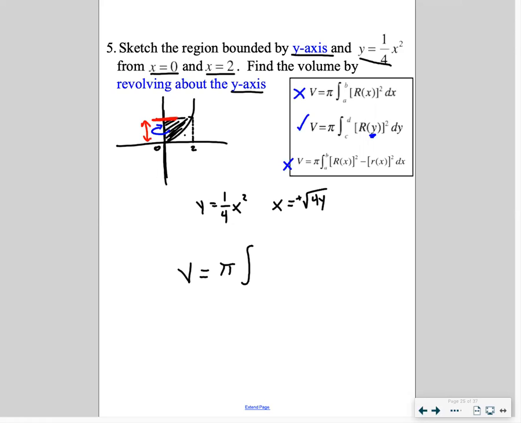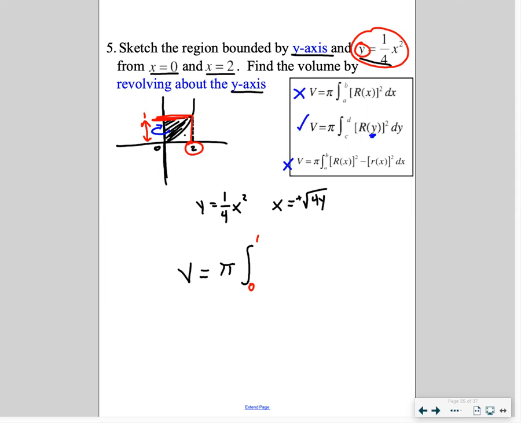How do I get that top boundary? What do you guys think? Any ideas? What if I took 2 and plugged it in the original function? That would give me my y right there, right? If I plugged it in, that would give me that top boundary. 2 squared is 4 over 4 is 1. So actually this is 1 right here. So we're going from 0 to 1.